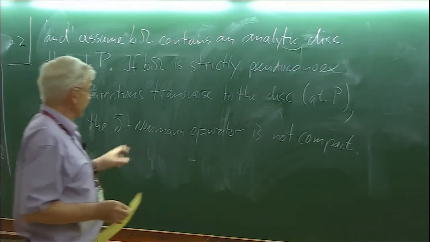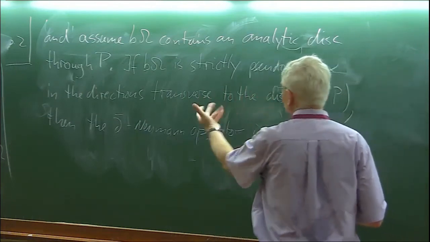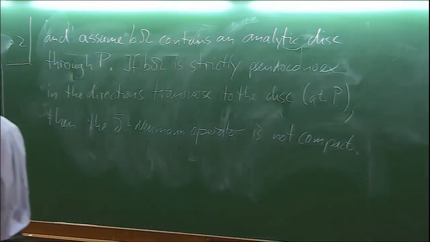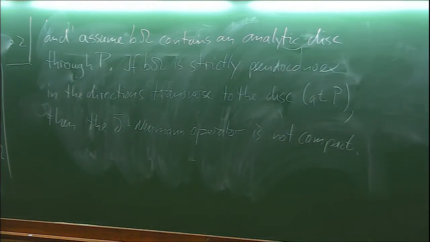Maybe a slightly more precise way of saying this: we look at the eigenvalues of the Levi form, right? In the direction of the disk, you have a zero eigenvalue, and the other eigenvalues should be strictly positive, I guess is what I was trying to say.